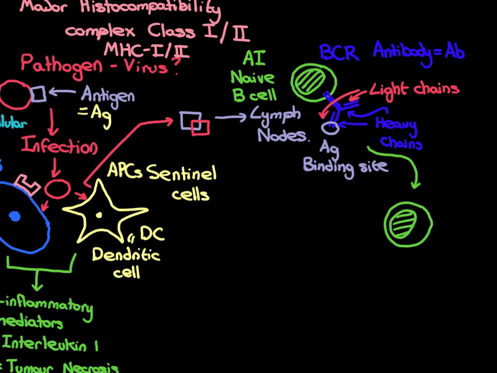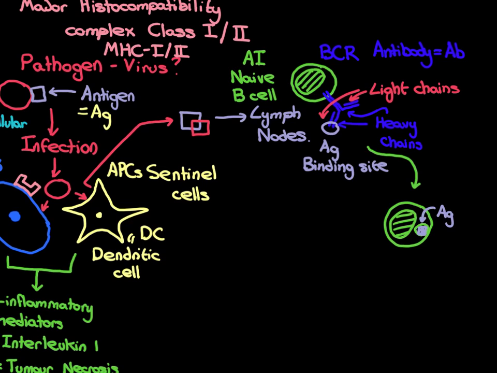So what's going to happen then? Here is the endocytic vesicle, the vesicle after the endocytosis has occurred. And what I will draw inside this vesicle is just the antigen that this B cell is directed against. So in purple there, that is representing the antigen.